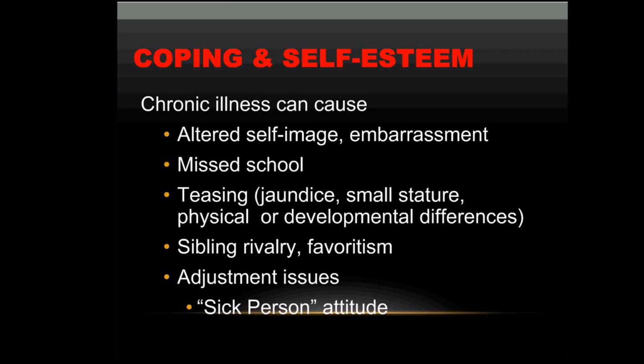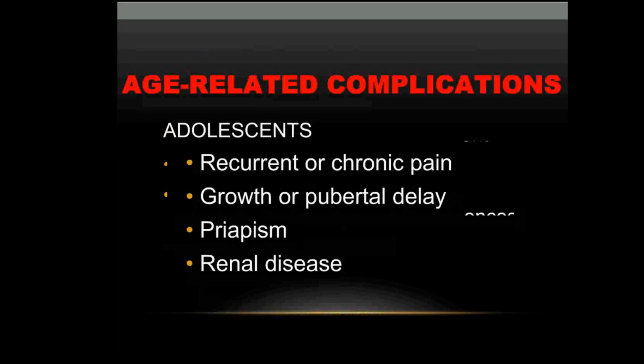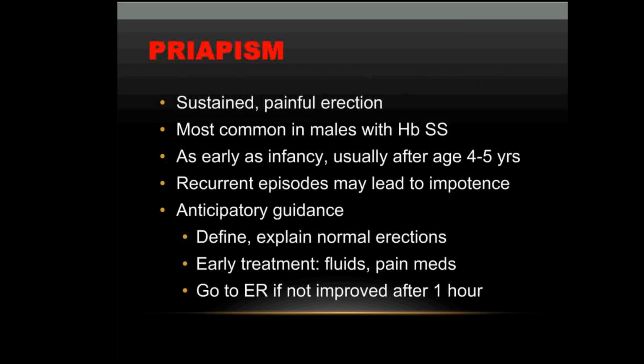But other people just go through life with a sick person attitude. And so again, given that individuals with sickle cell disease are living longer, we can't have them just have a sick person attitude, knowing that there's a possibility they're going to be here for a long time, and they need to take advantage of the opportunity to continue with survival and improve the quality of that longer life.